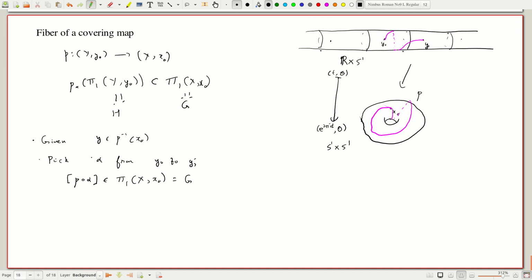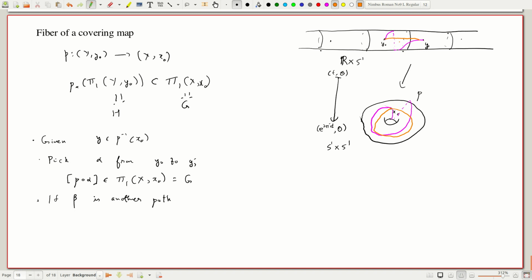Okay, but then what we need is dependence on alpha. If beta is another path, let's look at our picture here again. Let's take an orange path from here to here, and perhaps this orange path is a loop like this. It's a different path which goes from here to here.